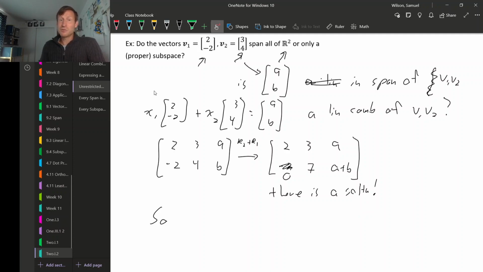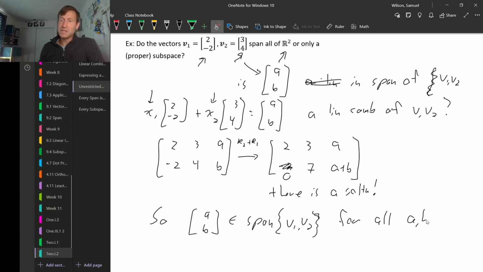So in other words, there's a way to pick x1 and x2 to write (A, B) as a linear combination of v1 and v2. So (A, B) is in the span of v1 and v2 for every choice of A and B. A and B have to be real numbers, but every vector in R2 is of this form.